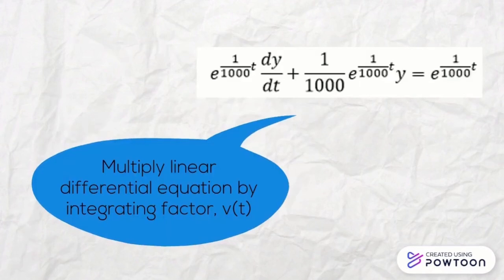Then we multiply the linear differential equation by V(t), and we get e to the t over 1000 times dA/dt plus 1 over 1000 times e to the t over 1000 times A equal to 100 times e to the t over 1000.